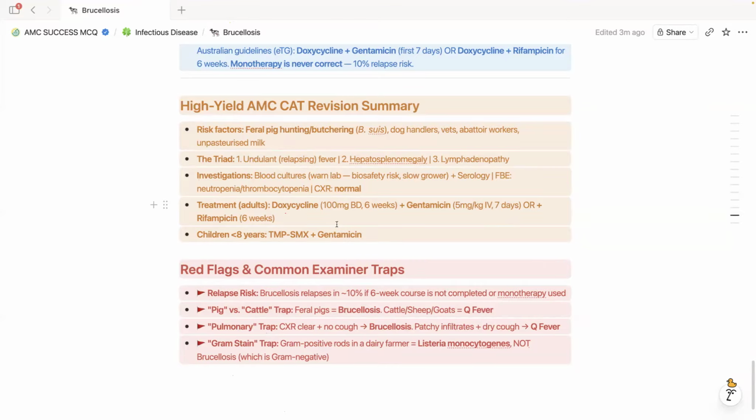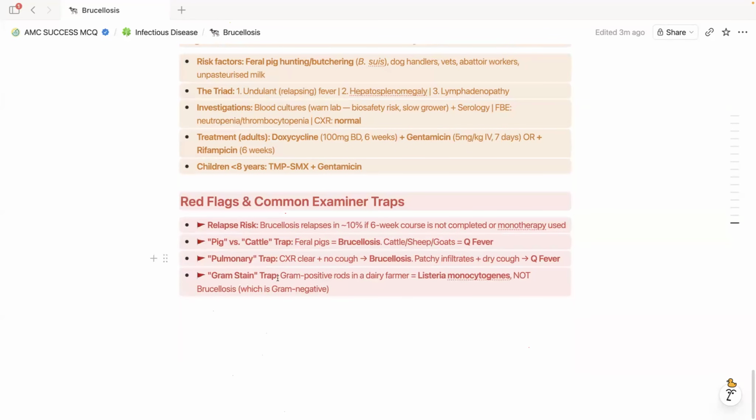Treatment is doxycycline plus rifampicin. Children less than 8 years and pregnant women get trimethoprim-sulfamethoxazole with gentamicin. Brucellosis relapses in 10% if 6 weeks is not completed or with monotherapy.